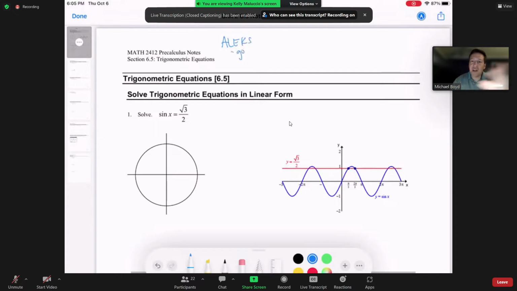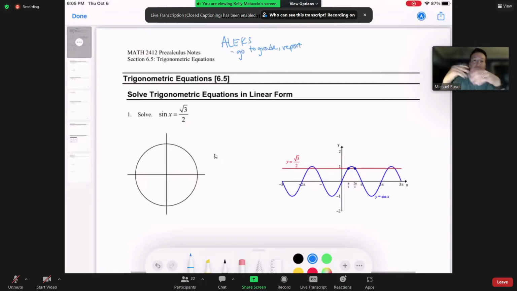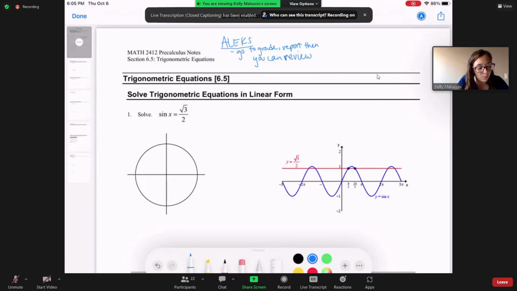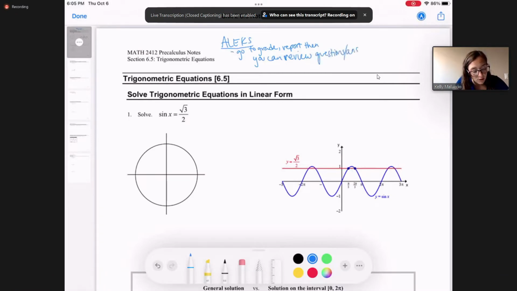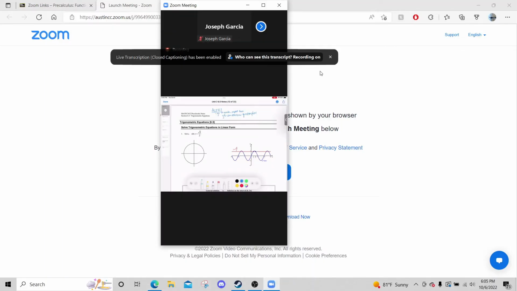You click on that and you can look at the report, and that is the problems and your answers. Okay. Thank you for that. So in order to review in ALEKS, you would go to your grade, look up the report, and then you can review questions and your answers. This is a good way if you want to study the homework problems.